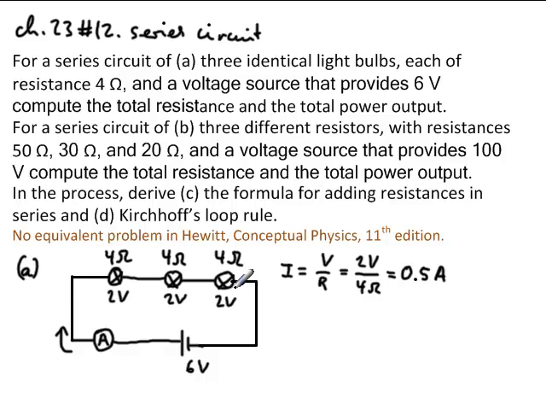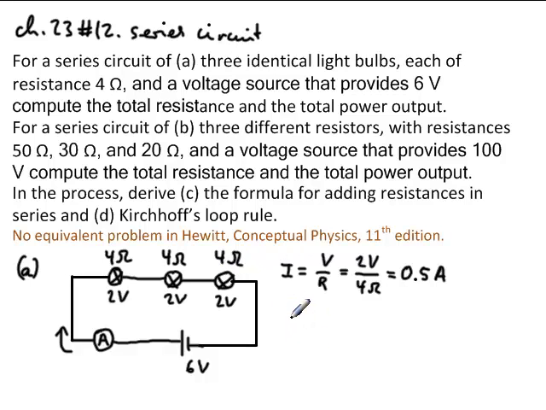And of course they're all the same here, so my calculation goes for any one of them. And then it says in here the current is the same running through all of them, so through each of these here it's 0.5 amps running through here.